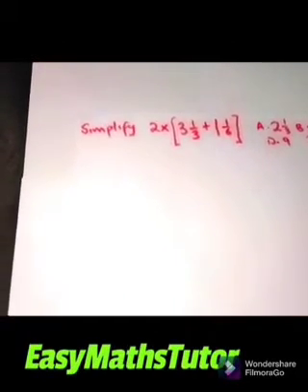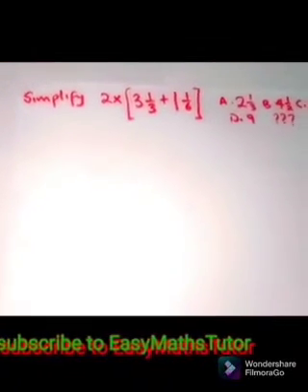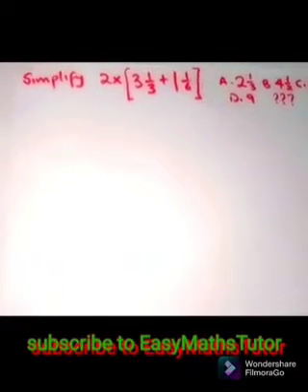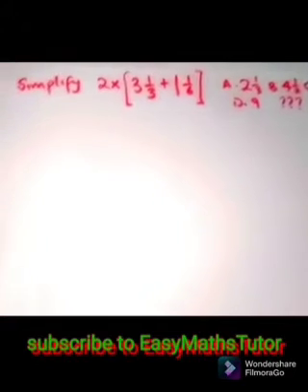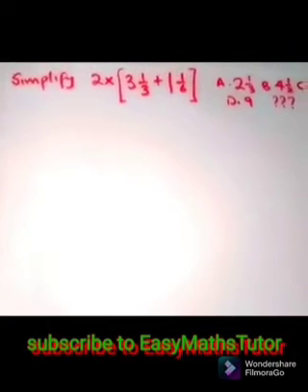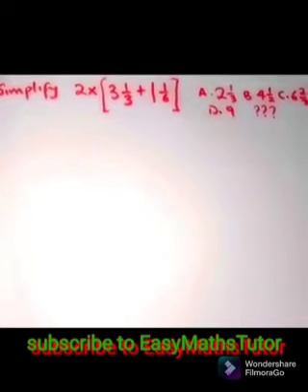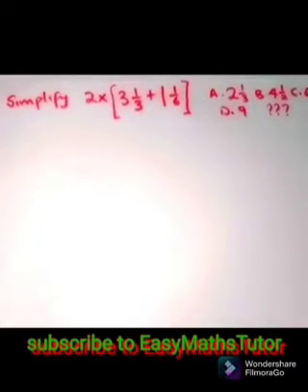Okay, so today we're going to solve this quick question. Simplify 2 times into bracket 3 whole number 1 over 3 plus 1 whole number 1 over 6. And then we have the options: A, 2 whole number 1 over 3, B, 4 whole number 1 over 2, and C, 6 whole number 2 over 3, and also D, 9.